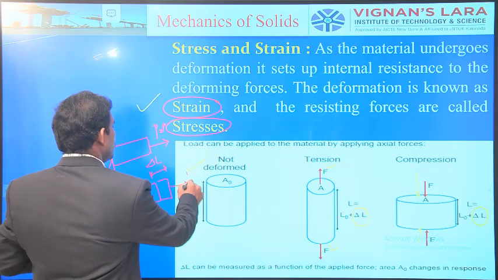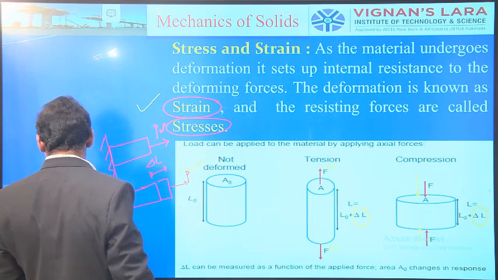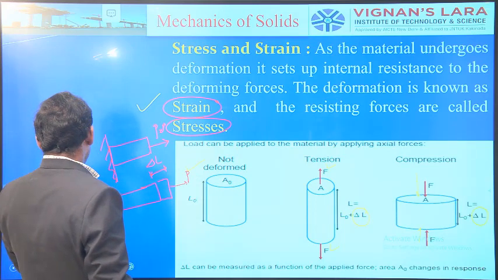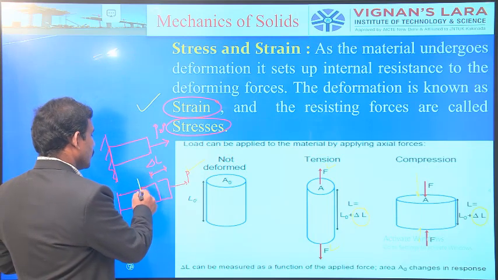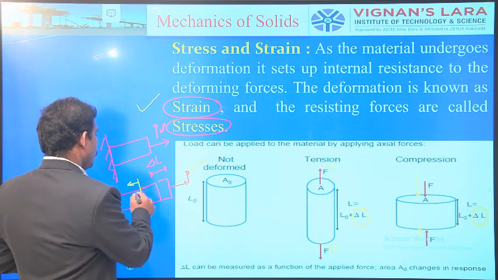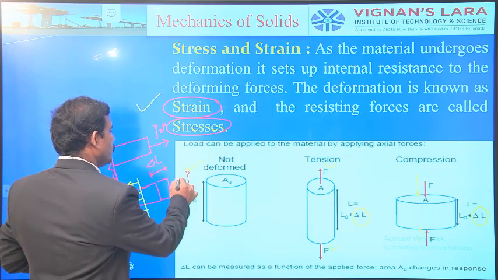Whenever a force P is acting on a body, the material offers resistance in the opposite direction. This is the resistance offered by the body in the opposite direction, and this is the applied force.